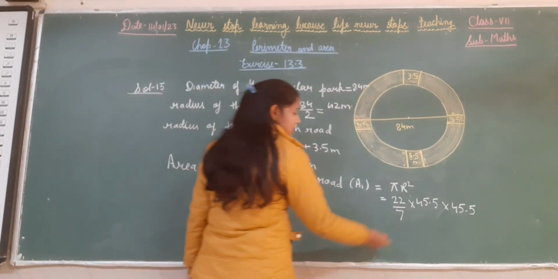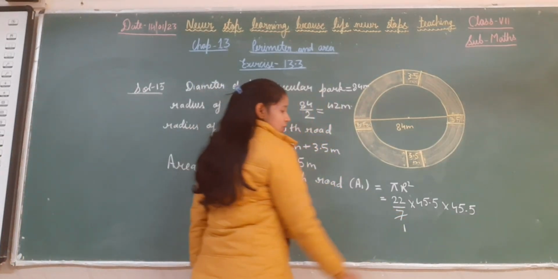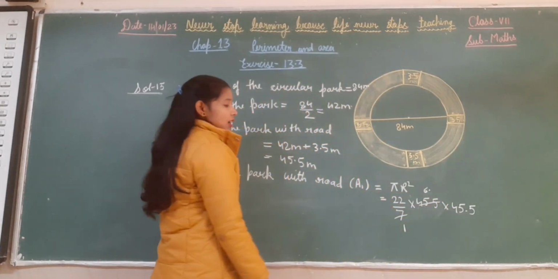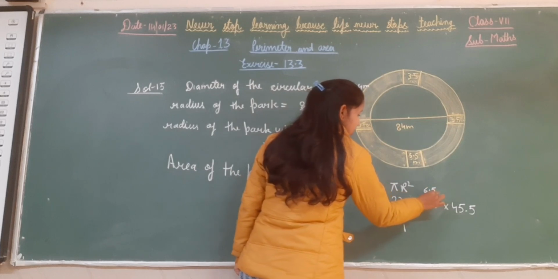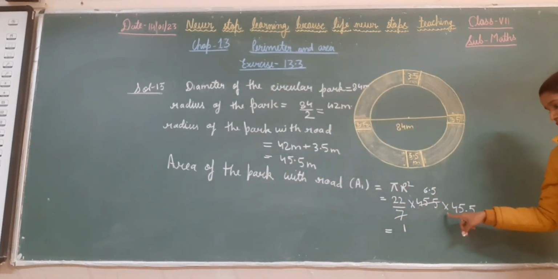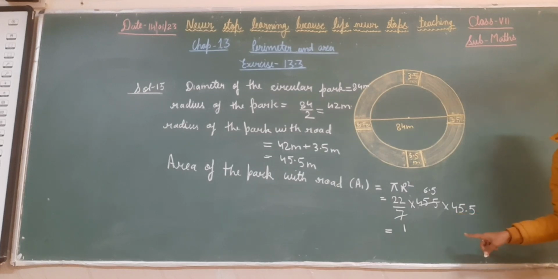Okay. So 7 ones are 7, 7 6s are 42, 7 5s are 35. Now we will multiply 22 by 6.5 into 45.5. So what will be the answer?